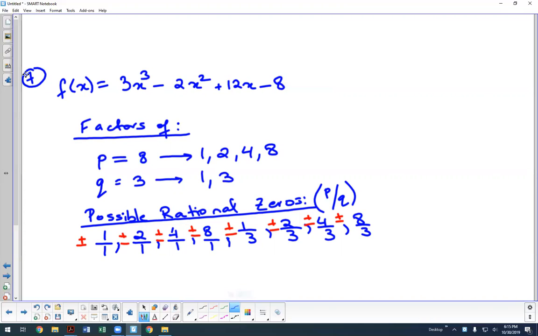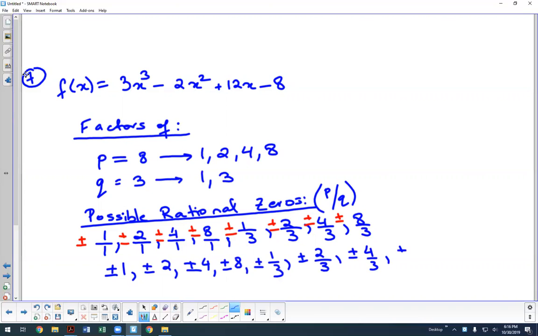If you just clean this up, we should have positive and negative 1, positive and negative 2, positive negative 4, positive negative 8, positive negative 1/3, positive negative 2/3, positive negative 4/3, and 8/3.